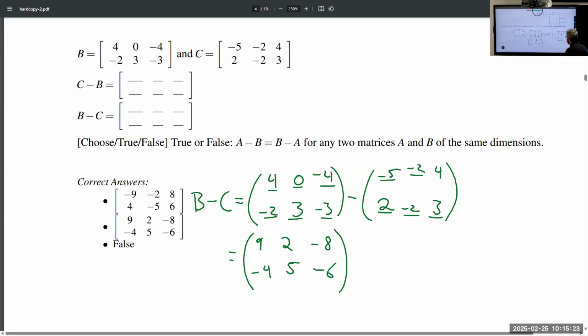And that's not the same thing we got last time. Seems like order matters.